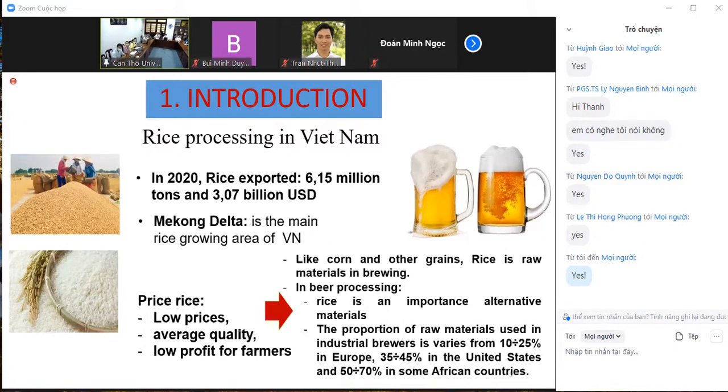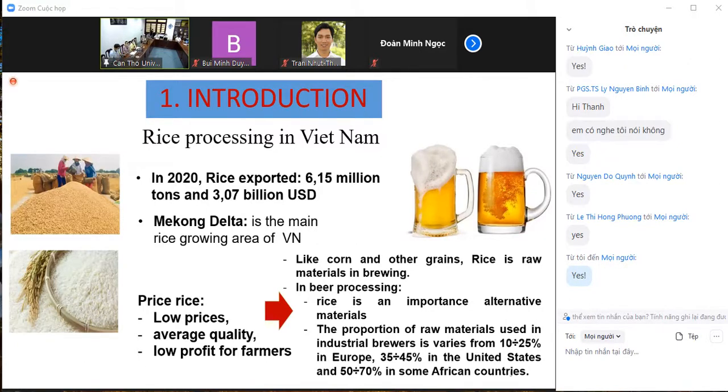In general, beer is made from barley malt and some other materials. In Vietnam and other countries in the world, rice is an important alternative material for brewing, such as wine and beer.